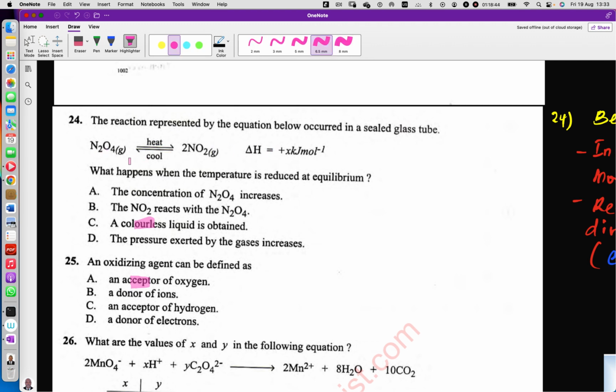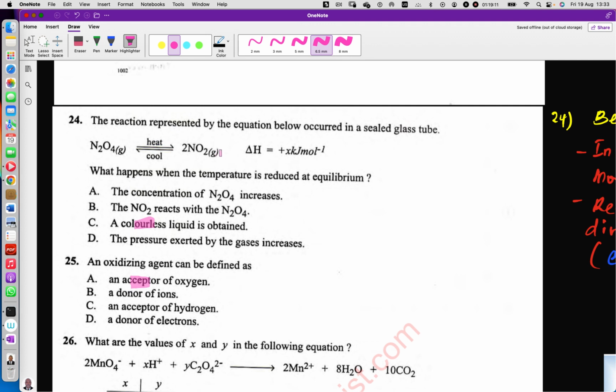That is, the equilibrium will shift to the right. That is, more NO2 is produced. But on the other hand, what happens when we decrease the temperature of an endothermic reaction like this one? The equilibrium will shift to the left.